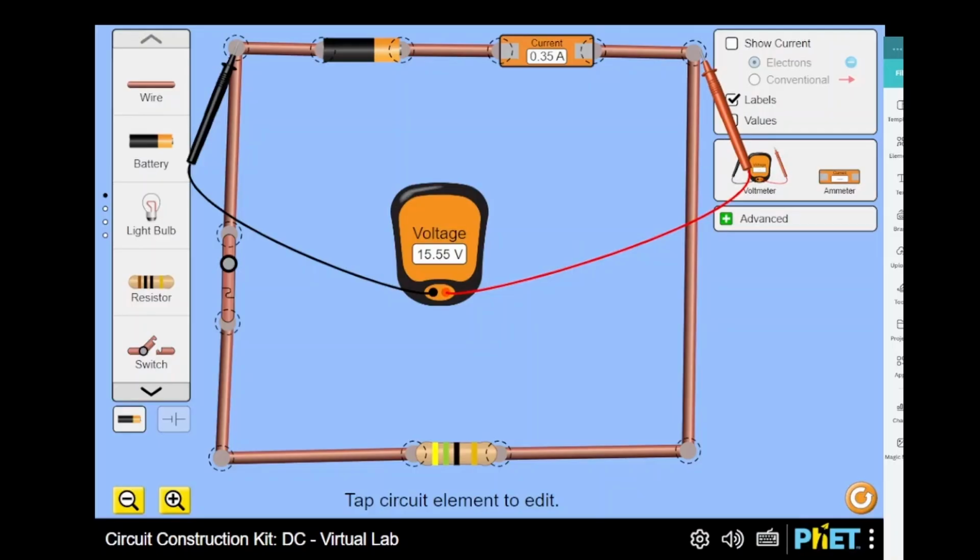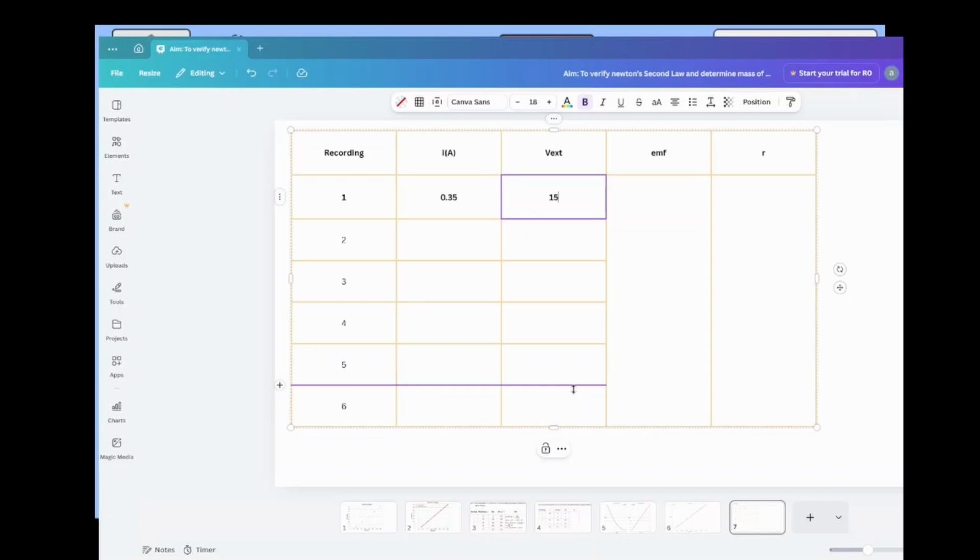Note that this battery does have an internal resistance, which is what we want to determine. And if I open this circuit, you will be able to read the EMF, but I'll do that right at the end. So now let's just take our readings and then put them on the table.